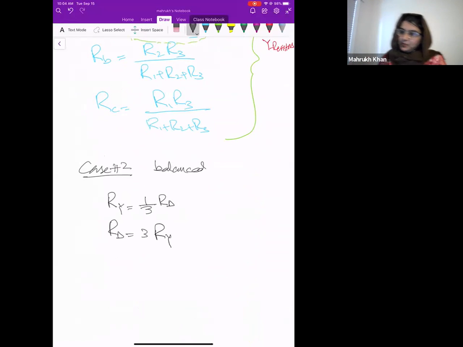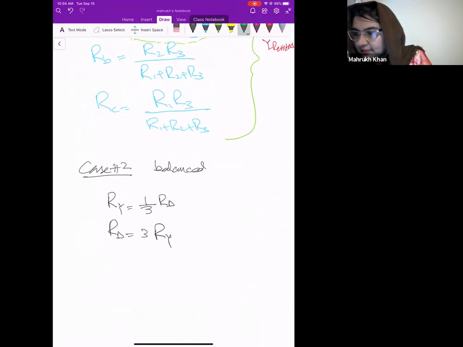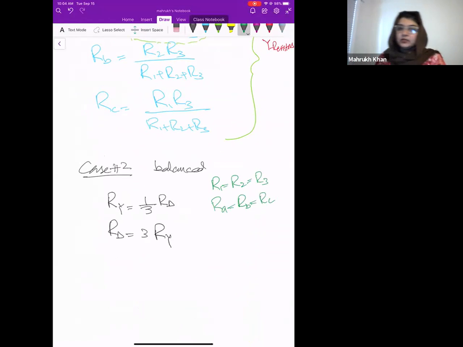So balanced case means that R1 equals R2 equals R3, or RA equals RB equals RC. So this is the balanced case. Okay, am I clear about that?